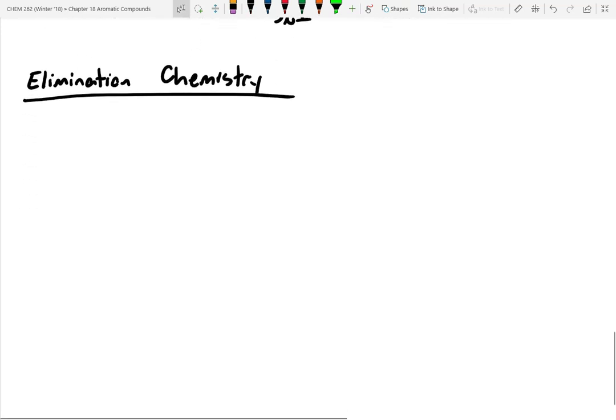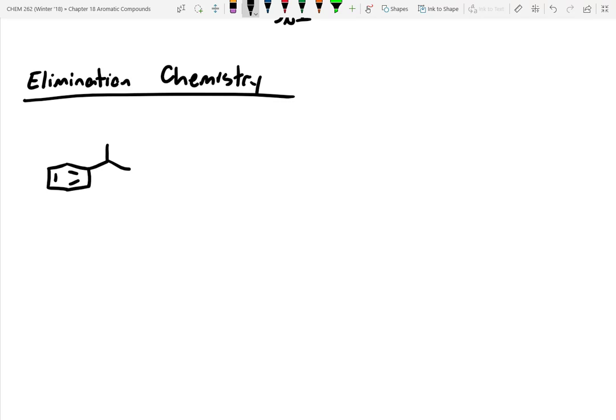And elimination chemistry is pretty straightforward. So let's say I have this compound. What would this be called? Chicken foot benzene?